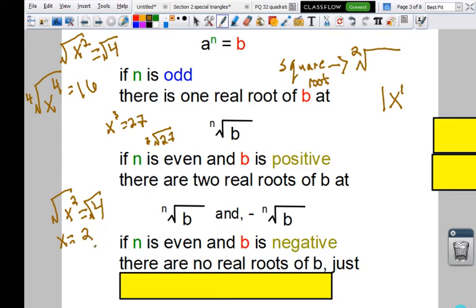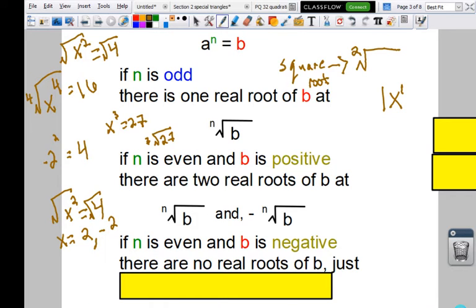Okay, but there's one other thing. If I plug in 2 for x, 2 squared is 4. What's negative 2 squared? Positive 4. The equation x squared equals 4 has 2 answers: positive 2 and negative 2.